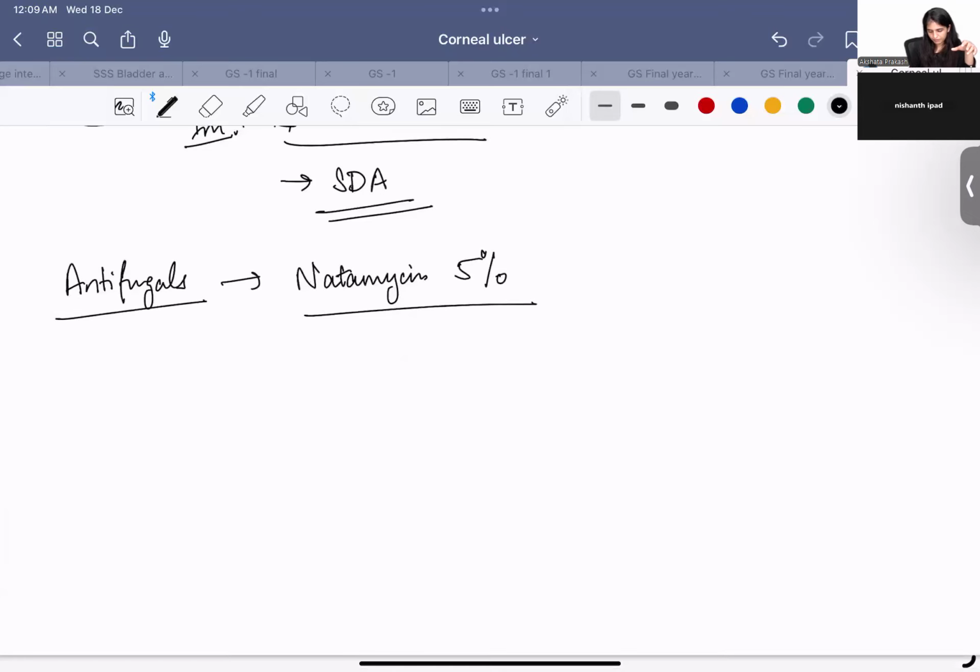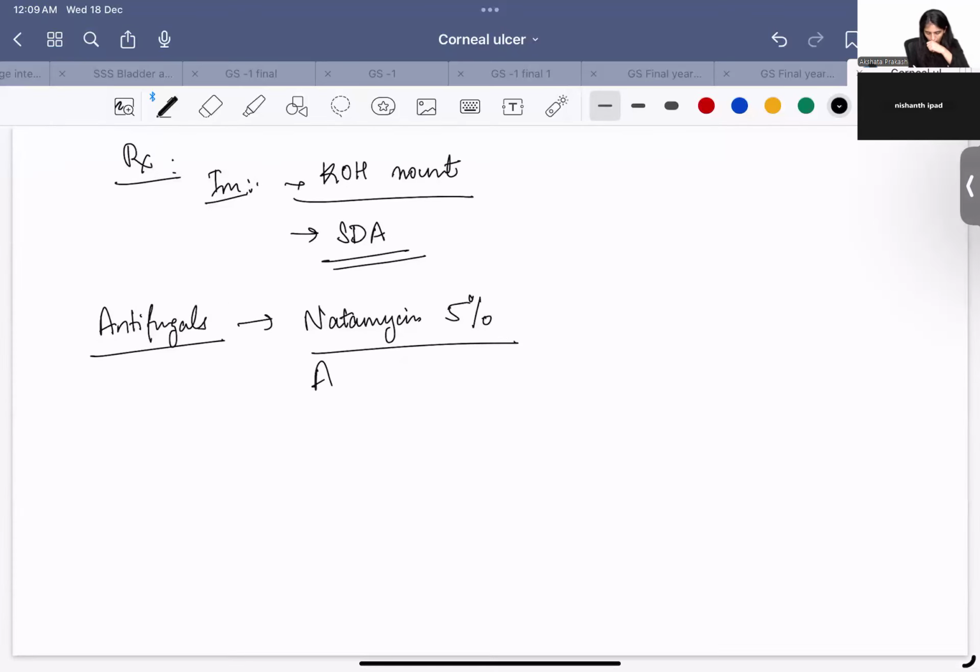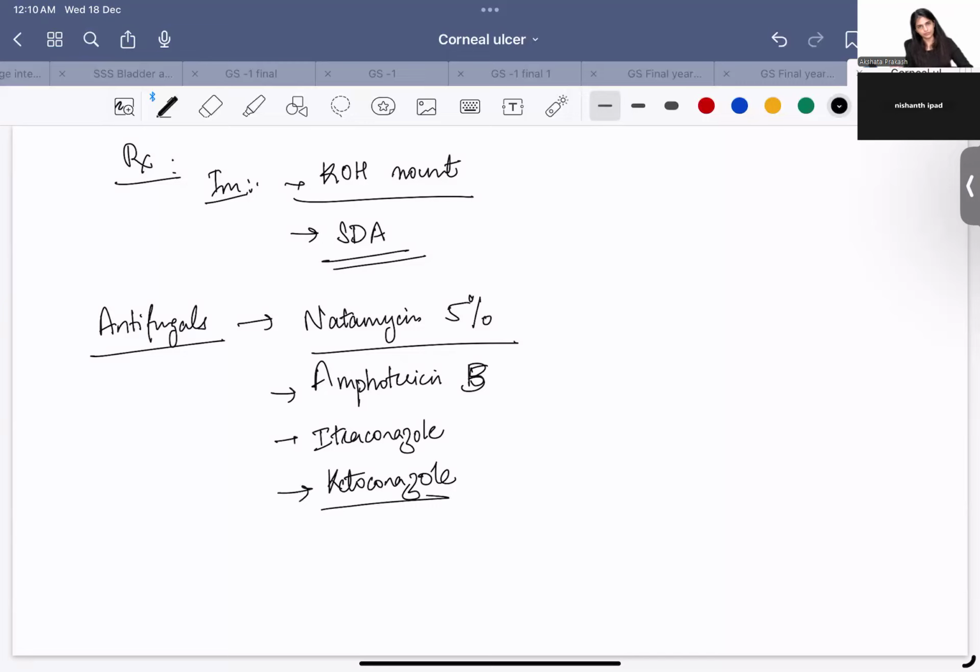Others are amphotericin B, itraconazole, ketoconazole, and so on. Okay, if it is aspergillus, use natamycin.